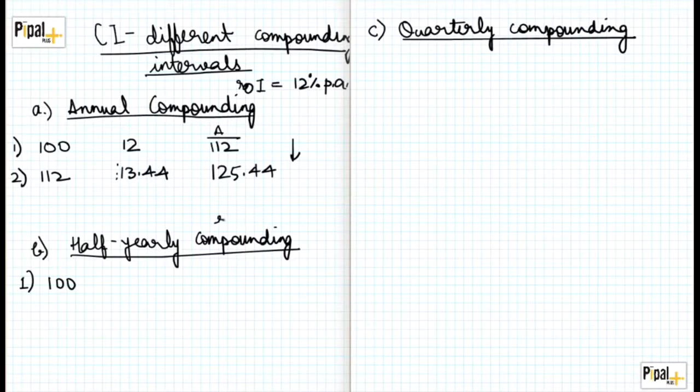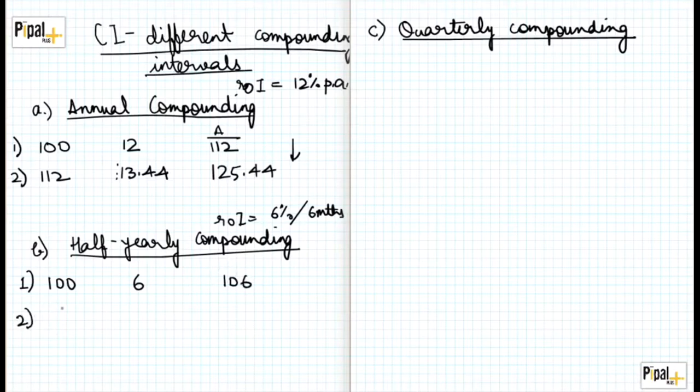So the rate of interest now changes from 12% per annum to 6% per 6 months. So for the first 6 months, the rate of interest being 6%, the interest earned is 6 rupees, and the amount at the end of the first 6 months is 106 rupees.